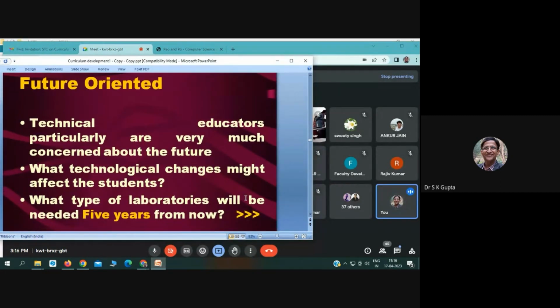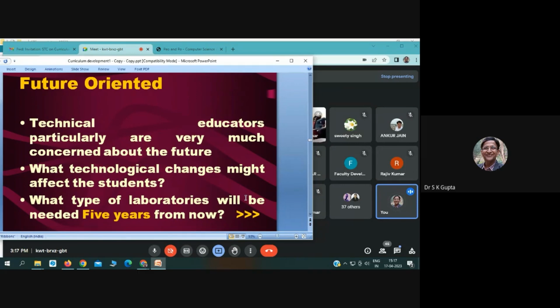Then it should be future oriented. If I am preparing a curriculum today and it is implemented this year, then my undergraduate students will be passing out from the institute after 4 years or after 3 years.